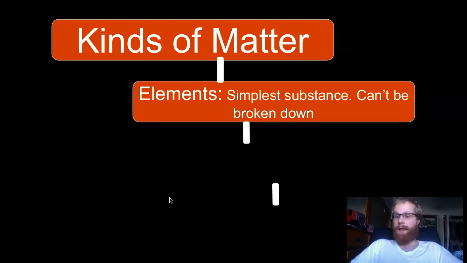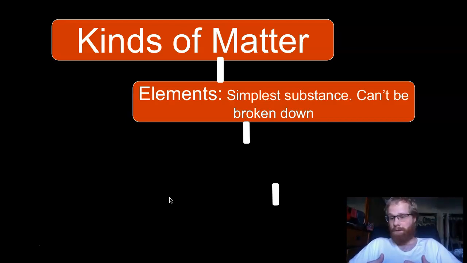Oxygen is the air that we're currently breathing right now, and it's one of those substances in the periodic table. I can't make oxygen any smaller. I could break it down maybe into its protons and neutrons and electrons, but if I do that, then it loses its properties. So elements are the most fundamental and basic materials that make up our world.